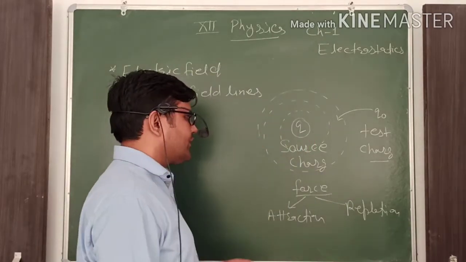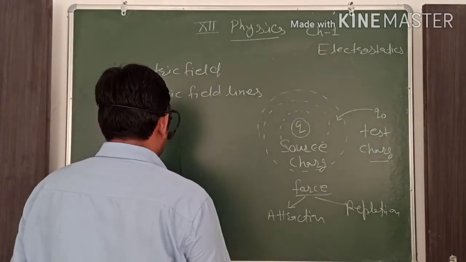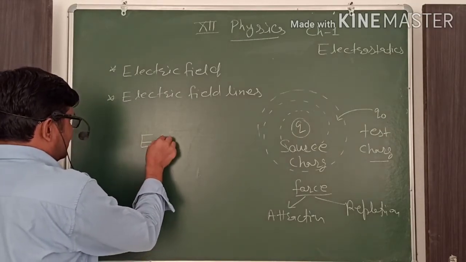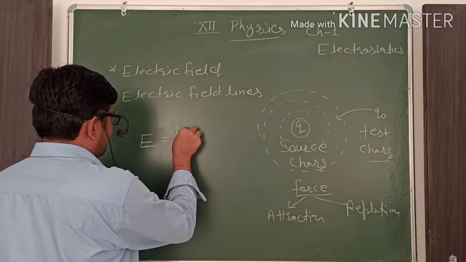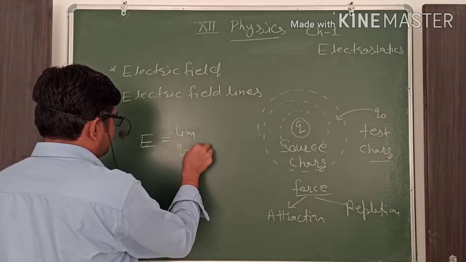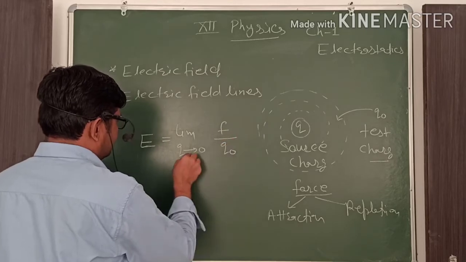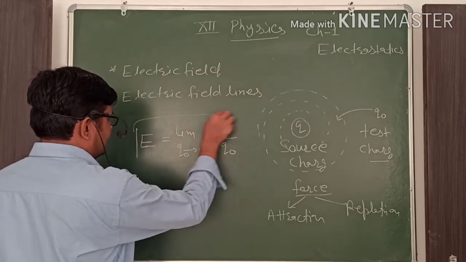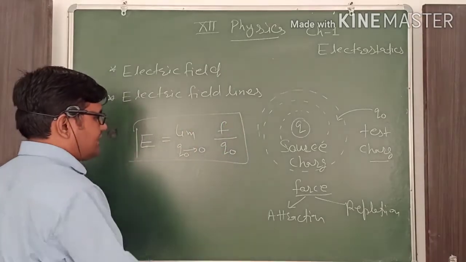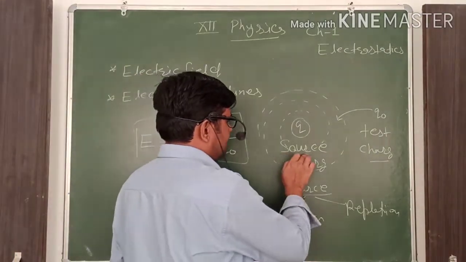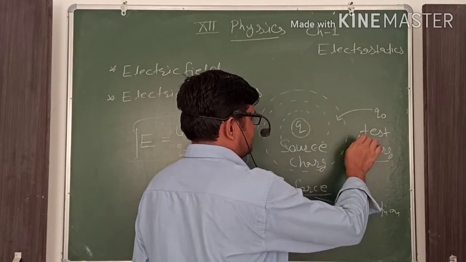In mathematical form, we can represent this. The electric field is represented by the limit Q naught tends to 0 of F upon Q naught. Here Q naught is the test charge, and F is the force between the source charge and the test charge.